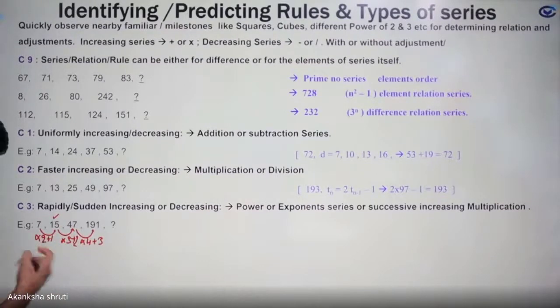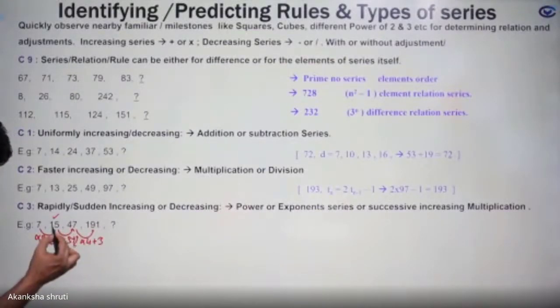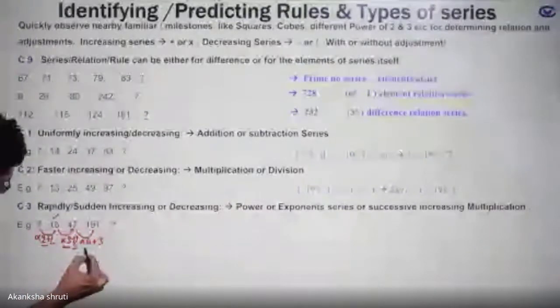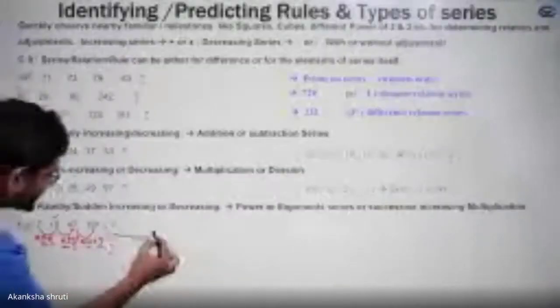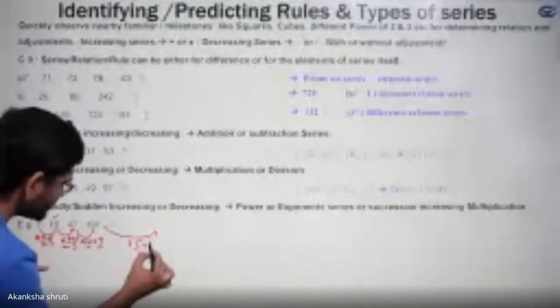What we are observing? Now it appears the first number multiplied by 2, 1 is added. The next one is obtained by multiplying with 3 and 2 is added. The next is obtained by multiplying by 4 and 3 is added. It means the next number can be obtained by multiplying by 5 and adding 4.